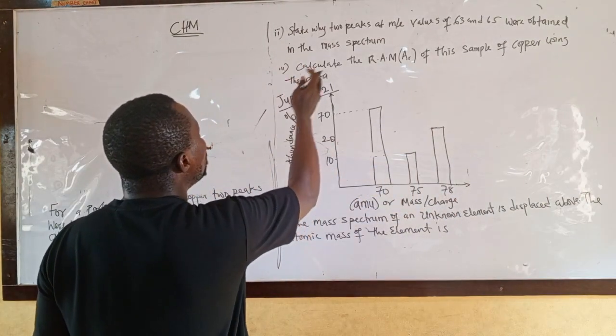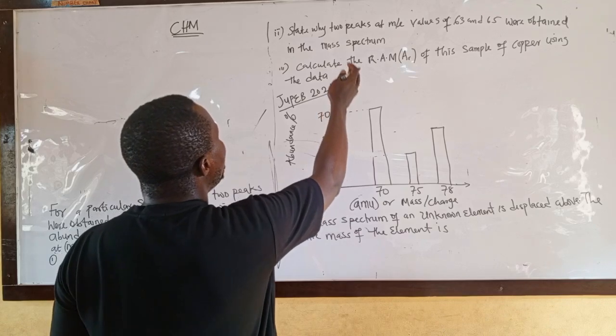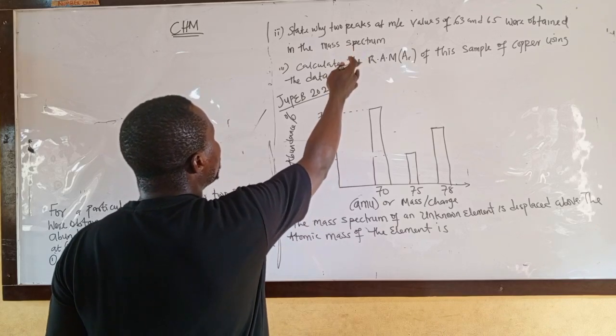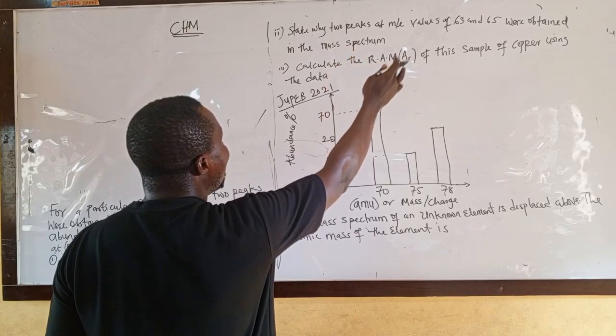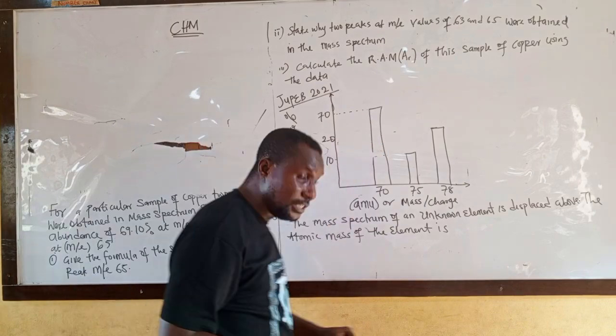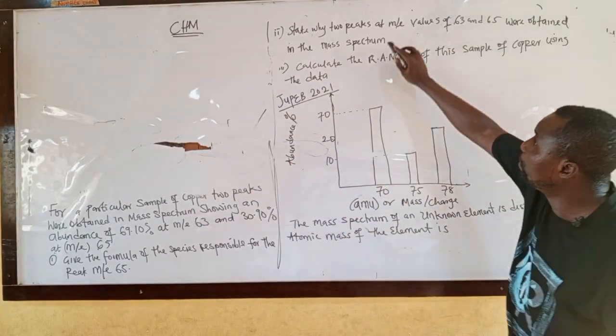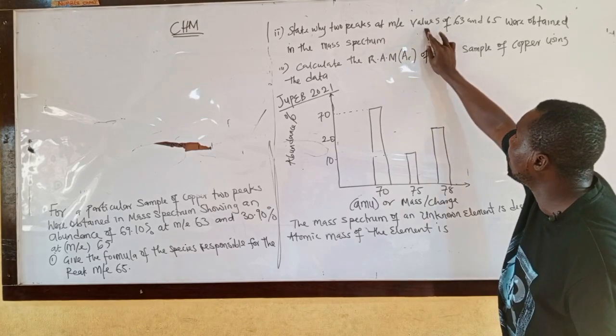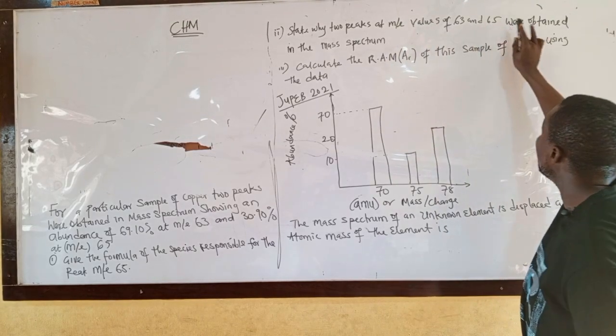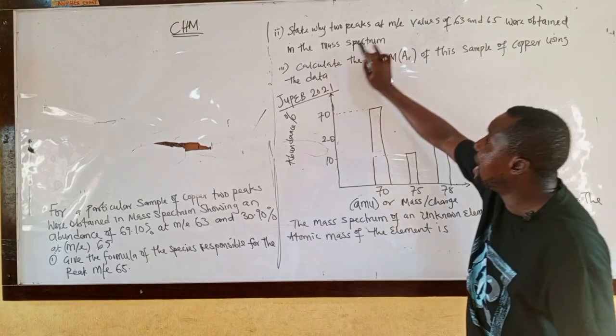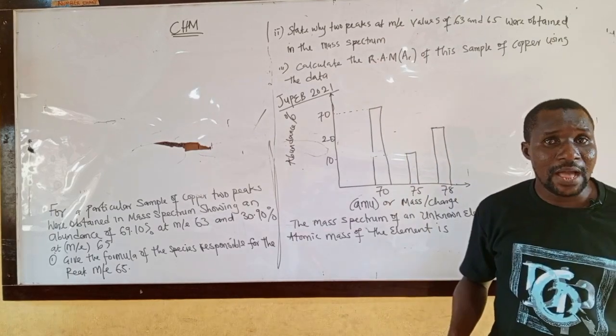State why 2 peaks at mass to charge values of 63 and 65 were obtained. Very easy. The answer to this question, write it down. State why 2 peaks at mass to charge values of 63 and 65 were obtained in the mass spectrometry. Why?